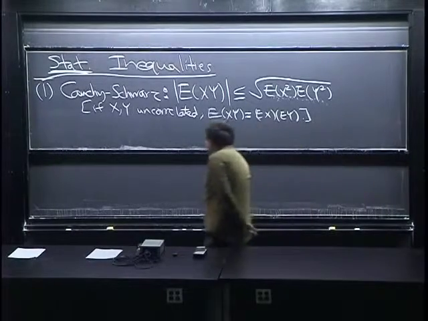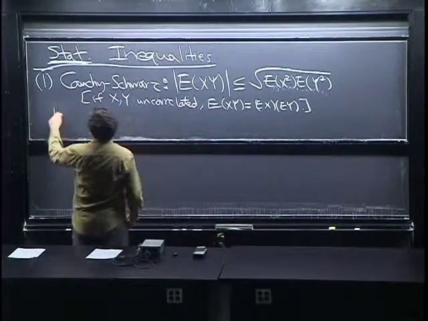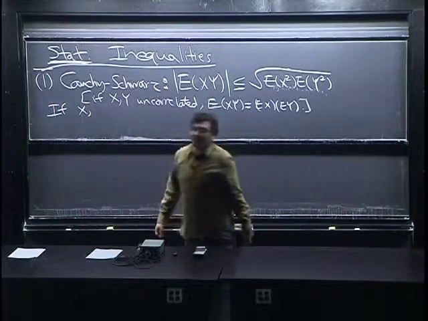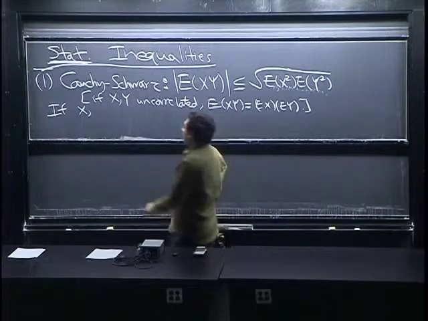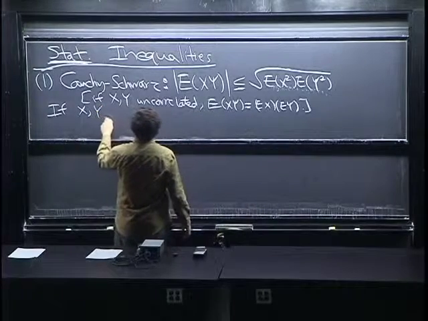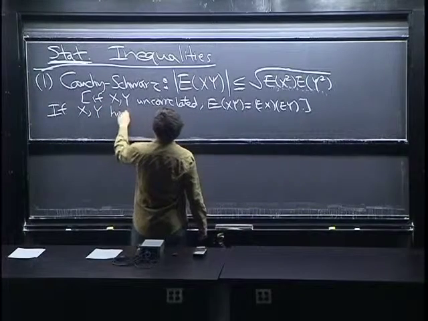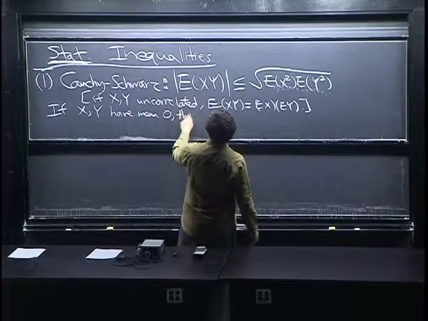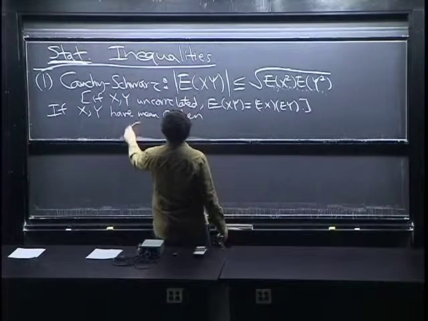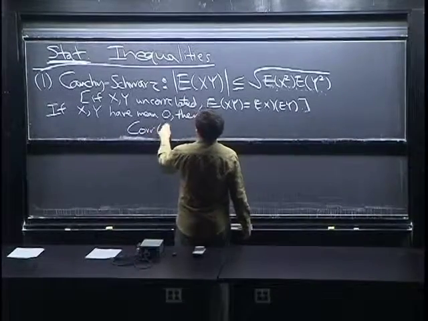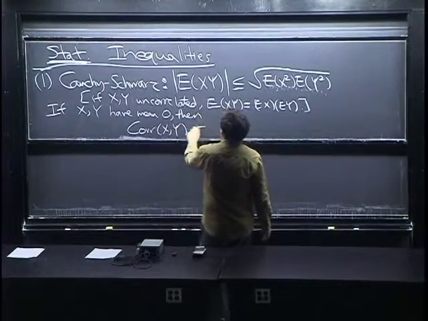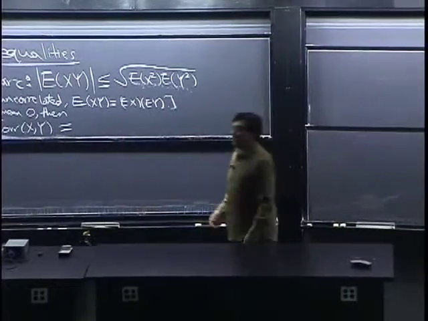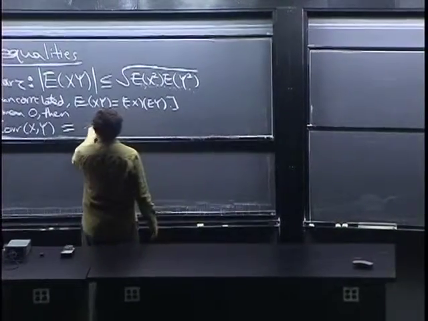Okay, and the statistical interpretation is easiest to see in the case where they have zero mean. And this is the case we've talked about before, because if X and Y have mean 0, then the correlation between X and Y, well, in general, to get the correlation, we take the covariance divided by the product of standard deviations.